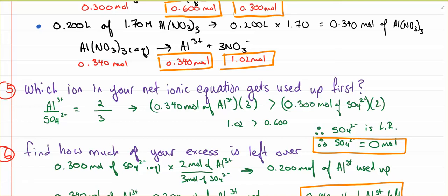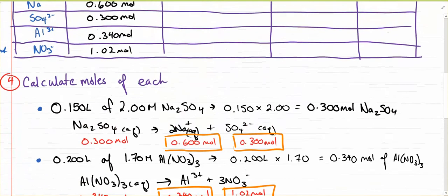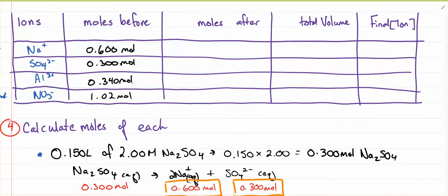So I have aluminum and sulfate. The ratio is 2 to 3. When I work through the ratio, the sulfate is much smaller than the aluminum. Therefore, sulfate is my limiting reagent. As you can see here, I did a simple little cross multiplication to get this inequality. And so my sulfate is going to be all used up afterwards, so it's going to be 0.